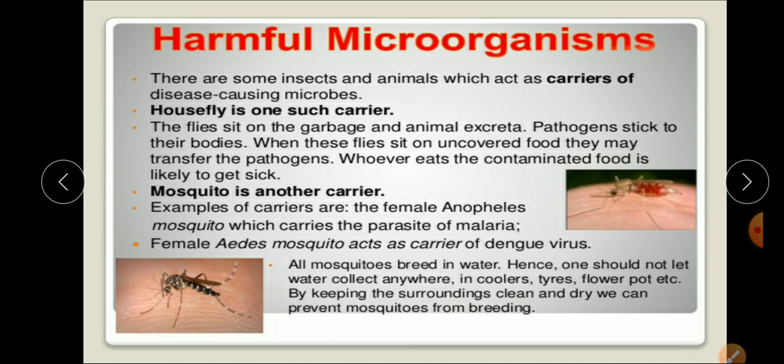Sometimes in pots, or somewhere else, the water is collected. In that the mosquitoes breed, and then they start spreading the disease, isn't it? So what are we supposed to do? By keeping the surroundings clean and dry, we can prevent mosquitoes from breeding.